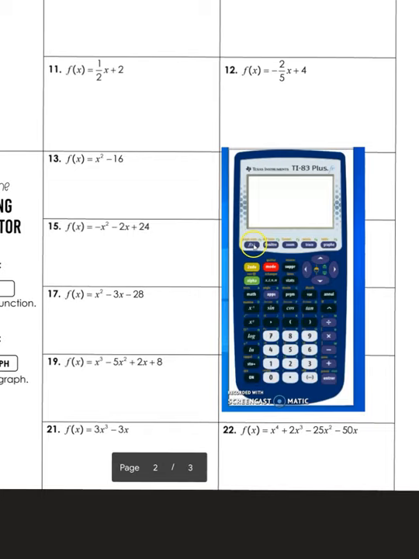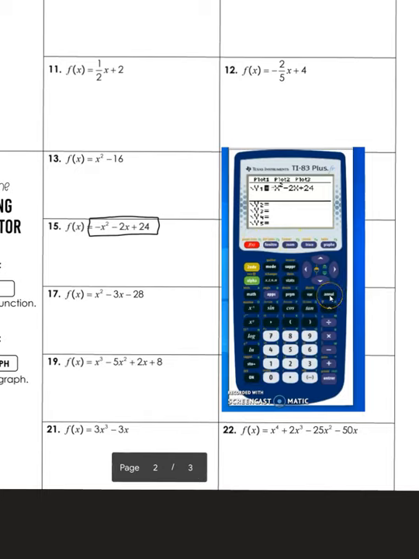Okay, so I'm going to show you how to use your graphing calculator, because you're not able to use your fingers to view the zeros. First things first, a reminder: when we are typing zeros into our graphing calculator, we are typing in the part that's after the equal sign, exactly as is. First you're going to go to y equals.